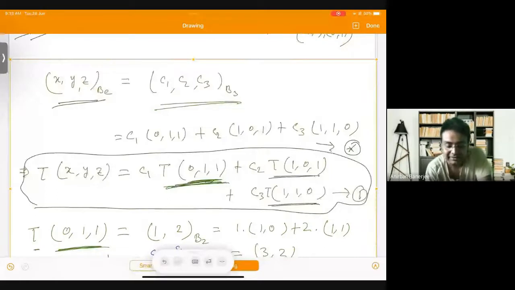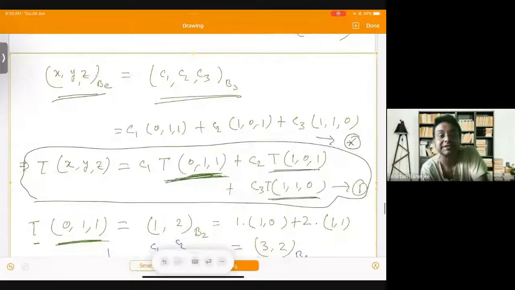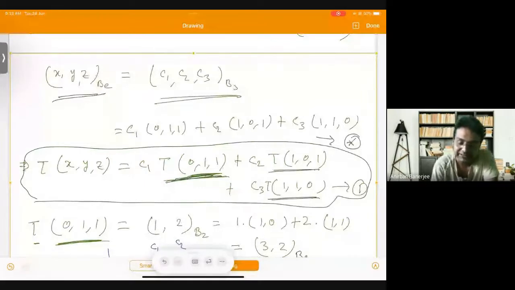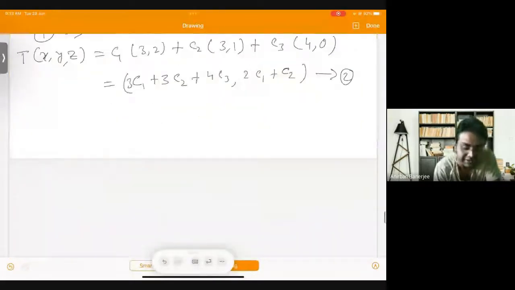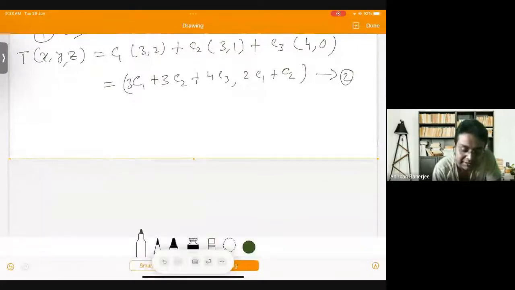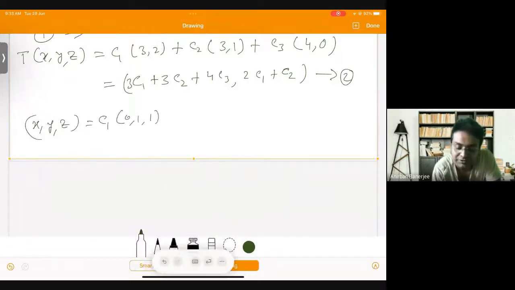From this star, we can get the value of c1, c2, c3 in terms of x, y, z. I just rewrite that equation. So (x, y, z) was equal to c1 into (0, 1, 1) plus c2 into (1, 0, 1) plus c3 into (1, 1, 0).